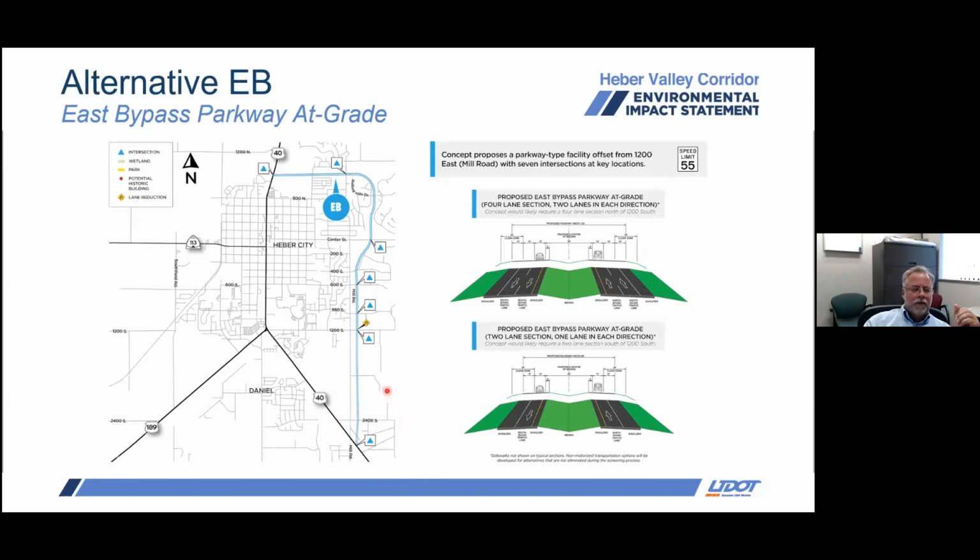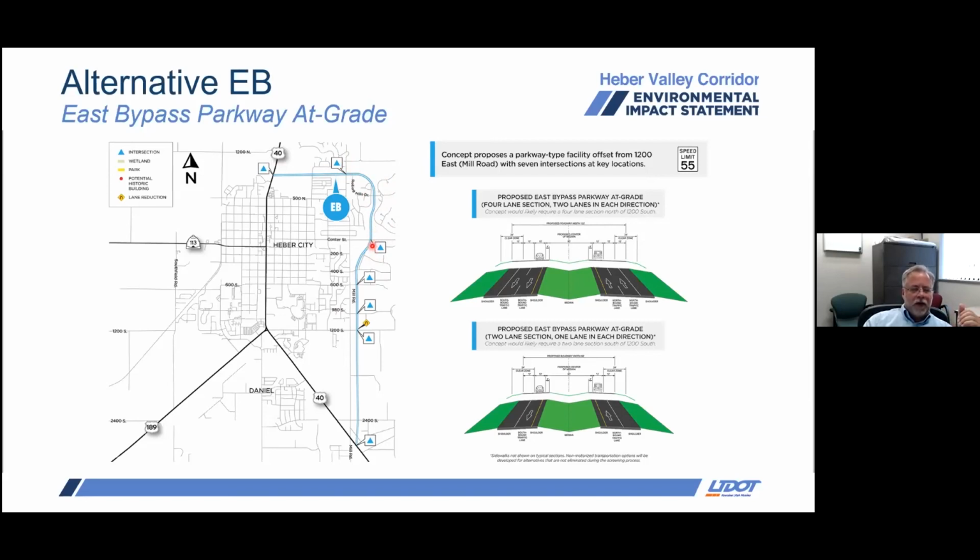Right now we've identified 7 locations where these at grade intersections would occur, and we've highlighted those with the blue triangles. Because of the slower speed, we have less of a divergence from the current road that's being constructed in this segment north of Center Street.